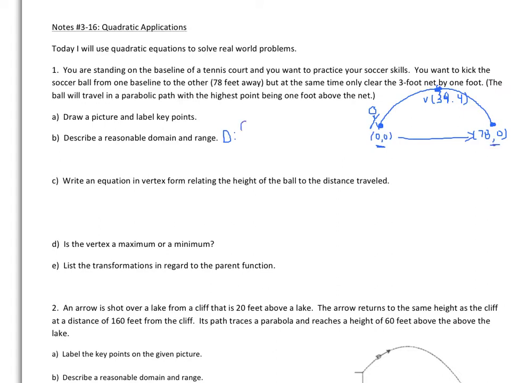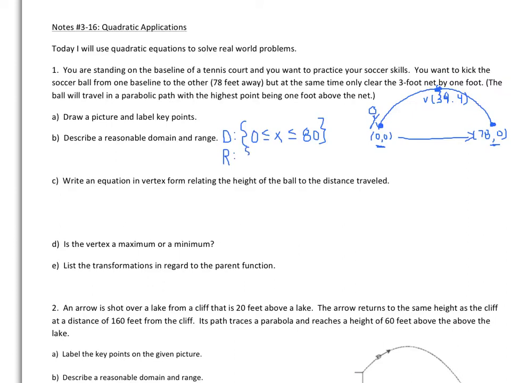So I would say that a good domain is when x is between 0 and, let's just go ahead and round off the 78, let's make that 80 so we can get a little bit of room on the right side to see it.